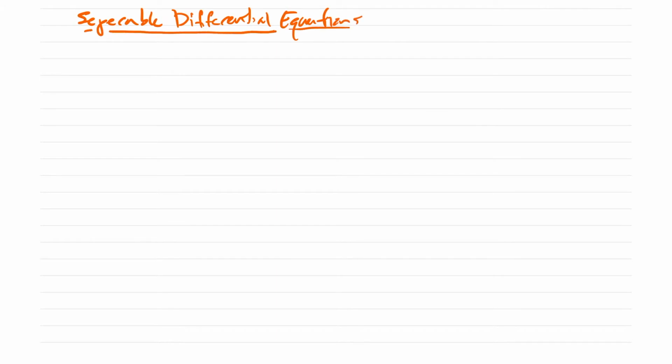Okay, so today we're going to talk about separable differential equations. All right, and these are basically ODEs that you can write like this. So you're going to have an equation dy dx is equal to, say, p of x times g of y.